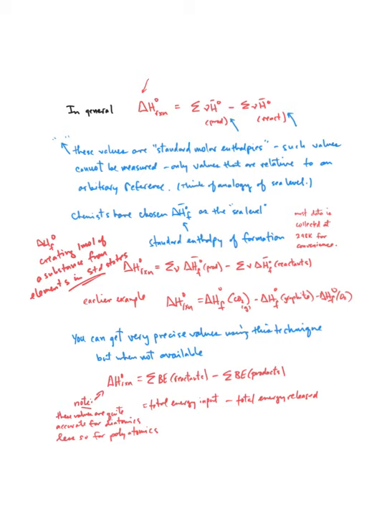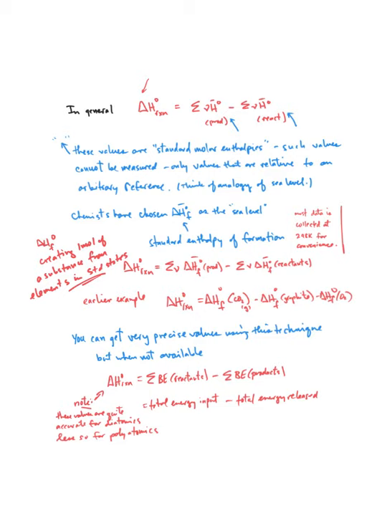Okay, so I know you've seen that before, but if you can get a table full of heats of formation, or enthalpies of formation, I should say, then you could assemble them to get the delta H of a reaction. Now this data is usually collected at 298 K for convenience.